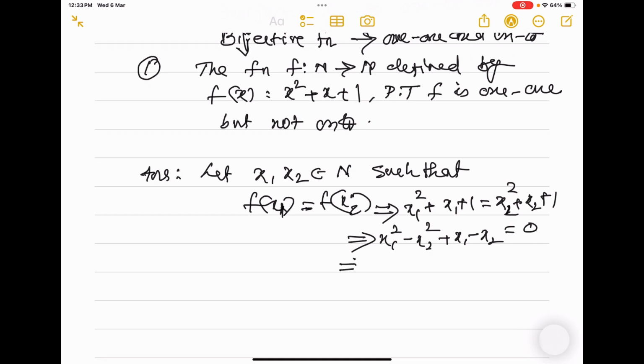Then x1 minus x2 into x1 plus x2 is x1 square minus x2 square, by the a plus b into a minus b identity, plus x1 minus x2, which is equal to 0.